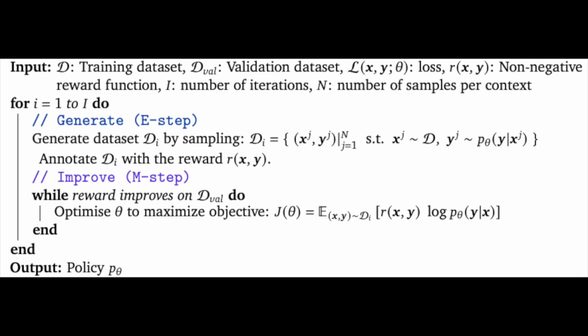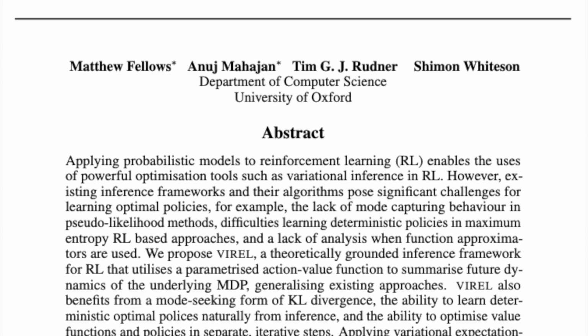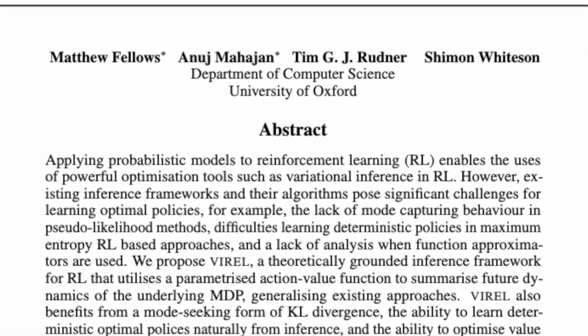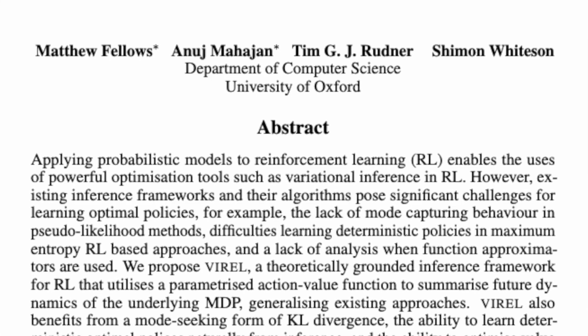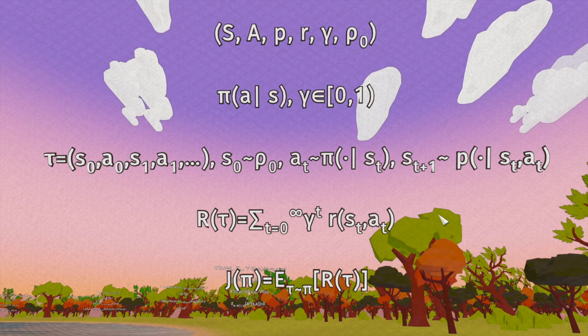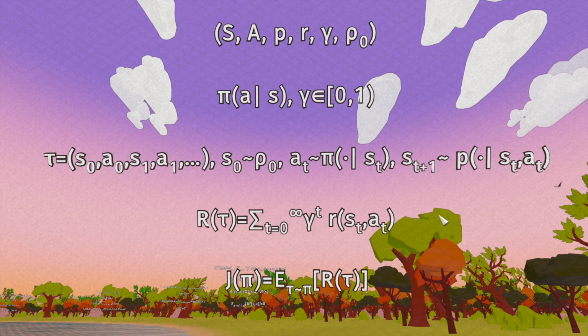ReST-EM removes the trust region under binary rewards and replaces it with a base model reset between each iteration. And VIREL zooms out and reframes the space as variational inference on the action value function, with the temperature resulting from the Bellman residual.